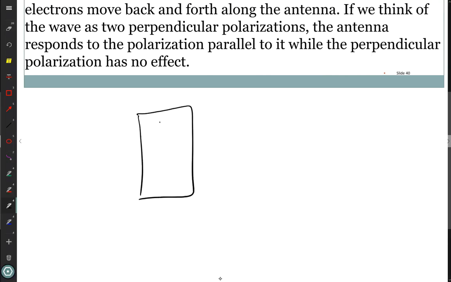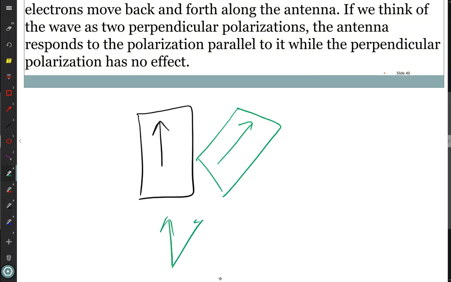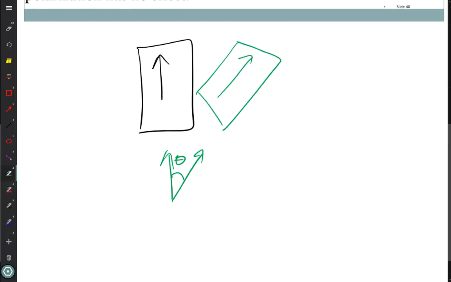And so if I have a polarizer, and the polarizer is vertical, and then I put a second polarizer, and the polarizer is like this, then the angle between these two, let's say that's theta, the amount that's parallel between the black and the green is going to be the cosine of the angle, right? Because that's the adjacent side.